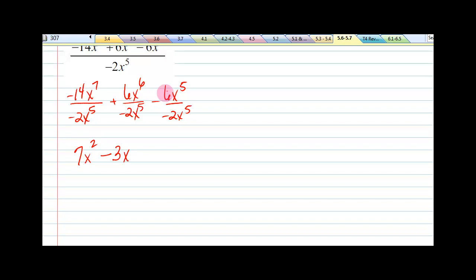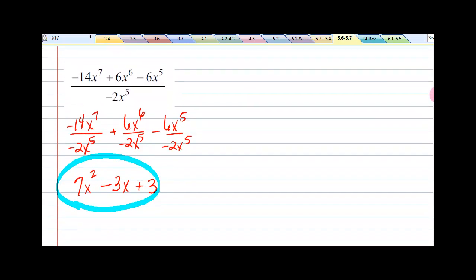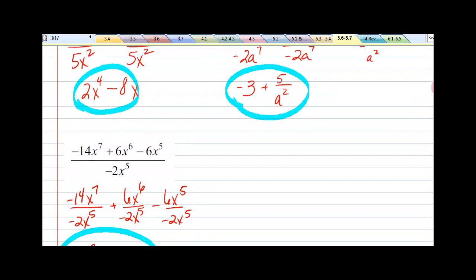And then negative 6 divided by negative 2 is a positive 3. And x to the 5th over x to the 5th cancels out my x's. So my answer is the trinomial 7x squared minus 3x plus 3. And this is how you do division of polynomials by a monomial.